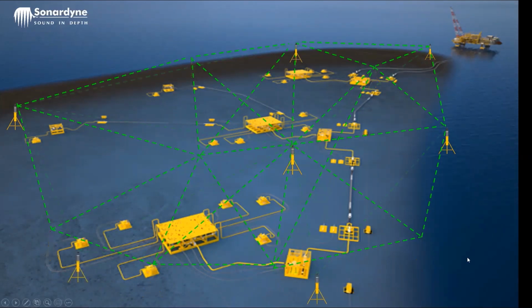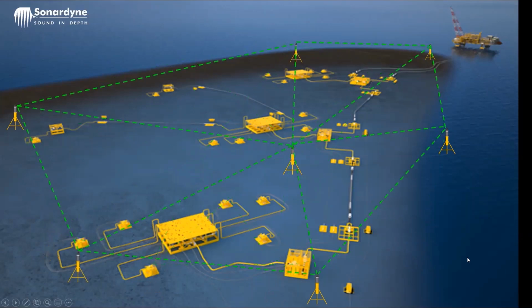Okay, so let's reduce it to a sparse array. We've got less transponders, so we've reduced the cost straight away. We may have found it easier to get line of sight because we've got less points within all these structures on the seabed. So one of the main reasons and drivers behind this is obviously to reduce cost for the end user, especially in this day and age.